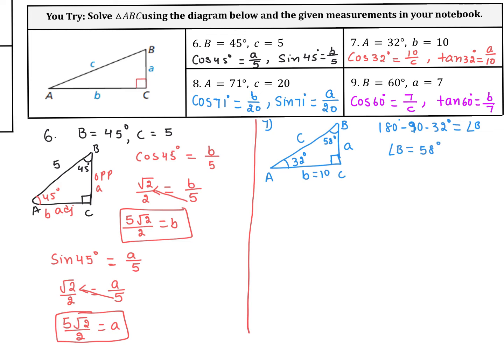Now you're going to find the sides. For the sides, you're going to use cosine 32 is equal to 10 divided by C. So to find C, you're going to cross multiply. C is going to be 10 divided by cosine 32.